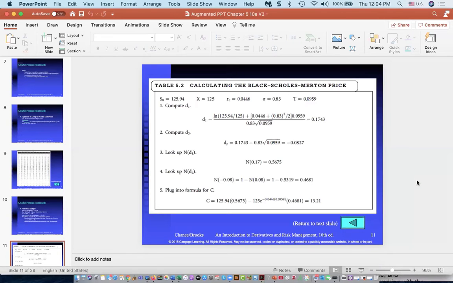The true value would be the 13.21. Very, very good. And then the market value would be 13. What are you going to do? This is a call option we're talking about. You buy the call, since your true value is 13.21.